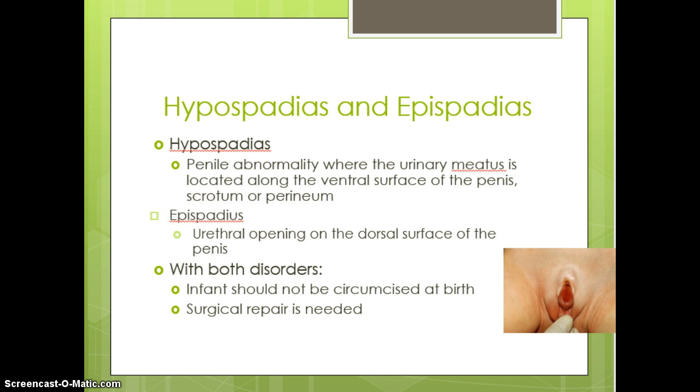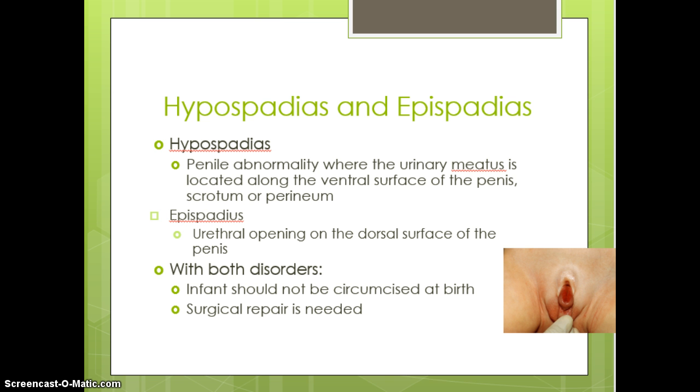When we are talking about hypospadias and epispadias, what you will see is that there's an abnormality to the penis, and the urinary meatus in the hypospadias is located along the ventral surface of the penis, the scrotum or perineum, and with the epispadias, the urethral opening is on the dorsal surface of the penis.